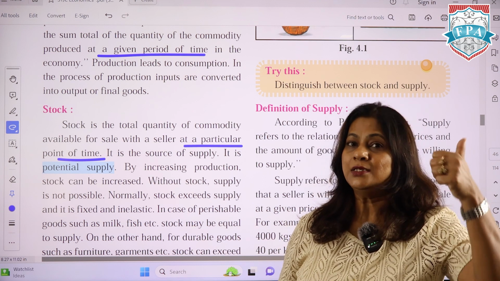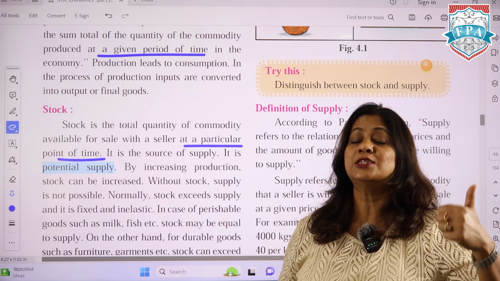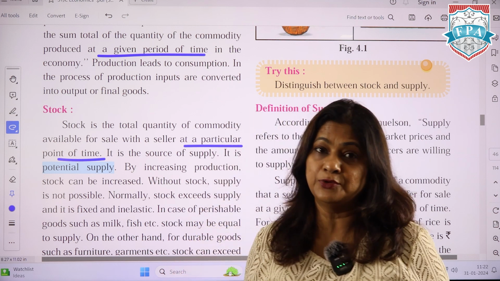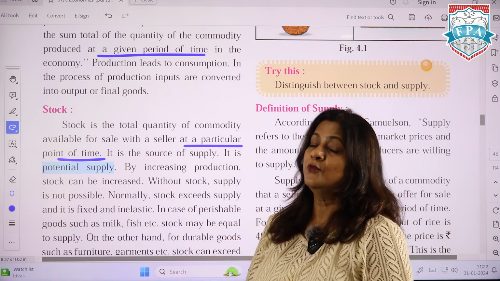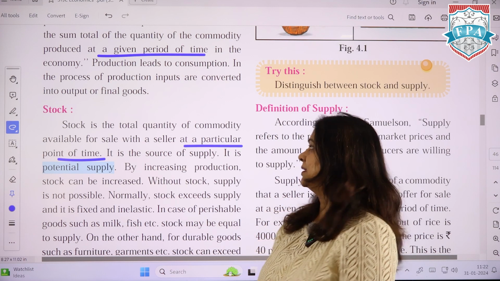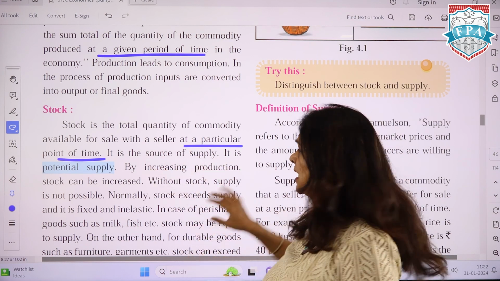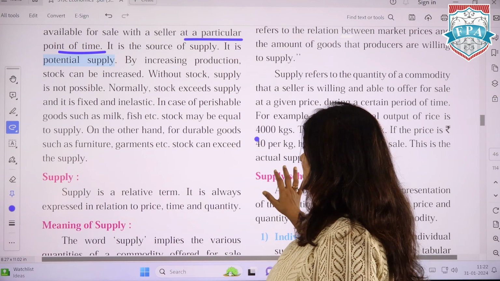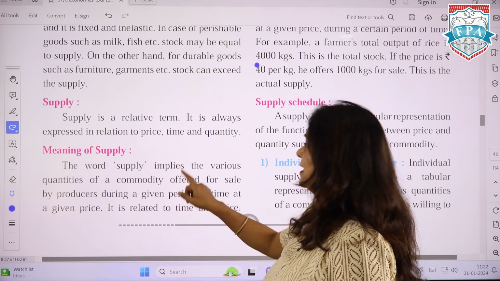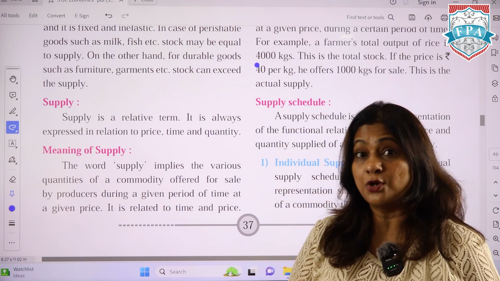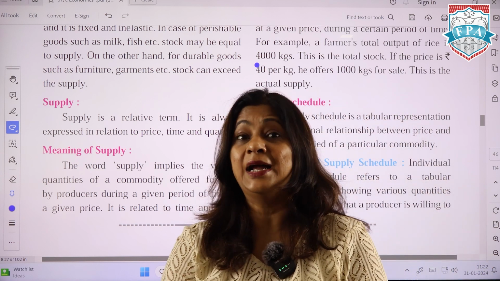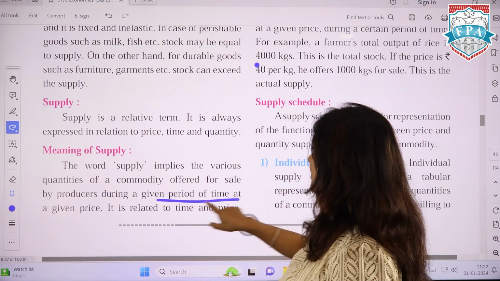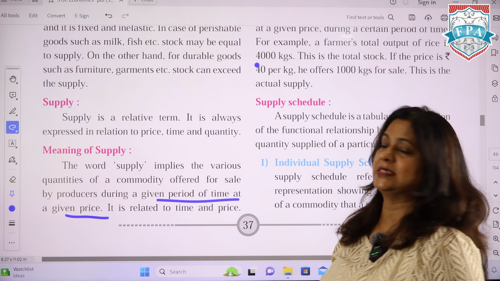So two things to remember: stock is potential supply, it is a source of supply. It is the total quantity of goods available with the seller for the purpose of sale at a particular point of time. And on the other hand, supply is the quantity of goods which are offered for sale by the supplier at a given period of time at a given price.